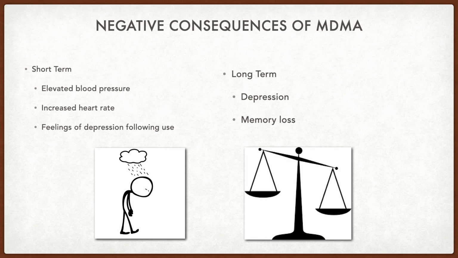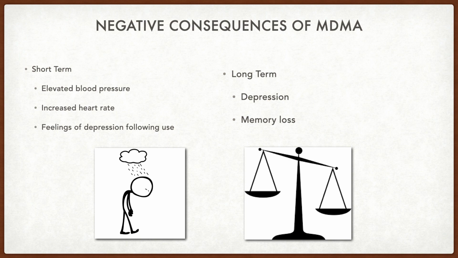And based off of what we saw on the previous slide, there are feelings of depression following use because the neurotransmitters can only be released so much with the presence of MDMA until it runs out. And during the time that it runs out and needs to be built up over time, that's when feelings of depression can manifest.